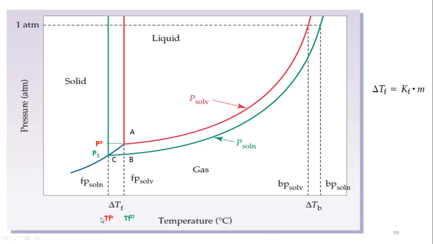So you can see over here, this has a value less as compared to this, and this is called the depression in the freezing point. And this difference between the pure solvent and the solution is represented by delta TF, the change in temperature, and particularly this is the depression in the freezing point.